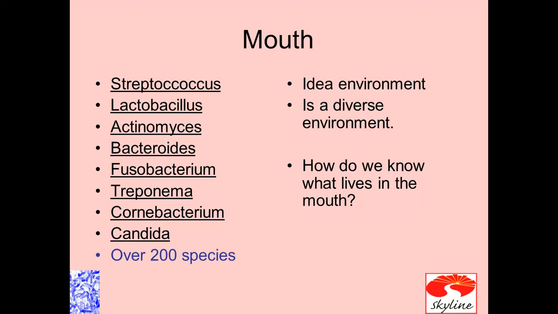A few examples are lactic acid bacteria, Lactobacillus, and some soil-associated bacteria like Actinomyces. We also have cariogenic bacteria, those that can cause dental caries, like Bacteroides and the common Streptococcus organisms.